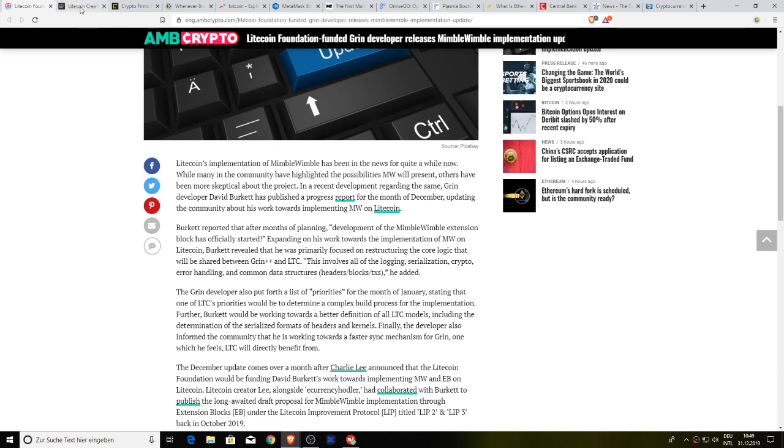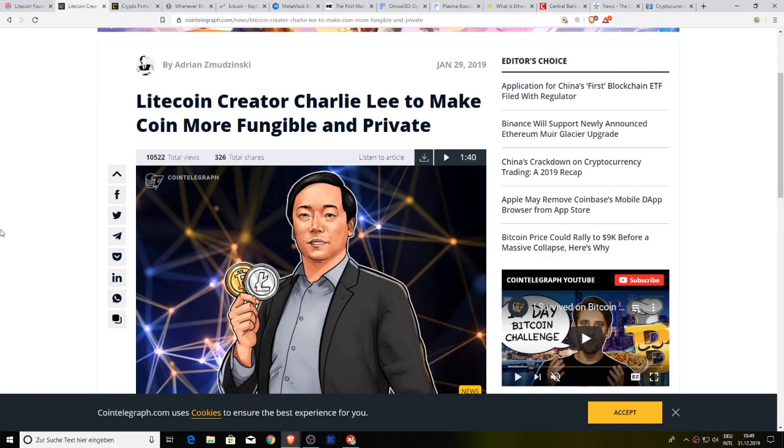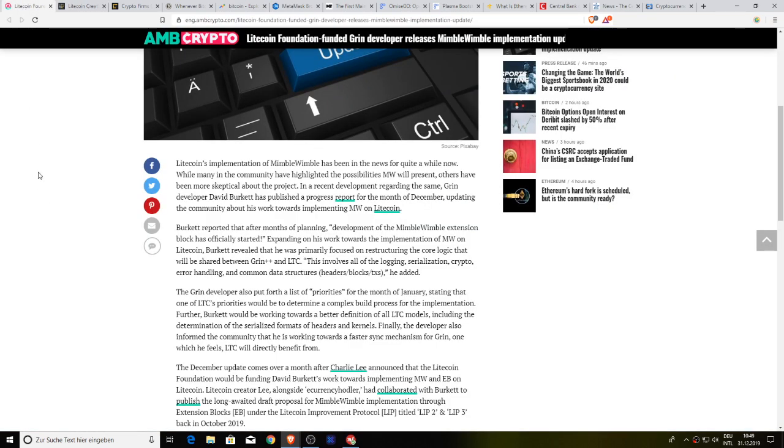Even right here, for those of you looking at or not looking at the screen, it says the 29th of January. That is the beginning of this year. Litecoin creator Charlie Lee to make coin more fungible and private. This was the news that we had, that apparently Charlie Lee was going to do this by the end of this year. I was going to make a video, then I decided not to. There's a lot of stuff that happened during this year that we were told would happen.